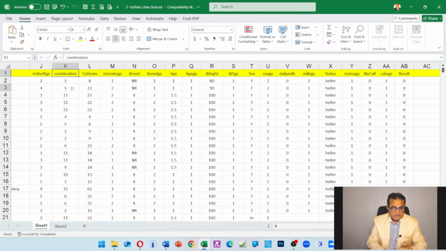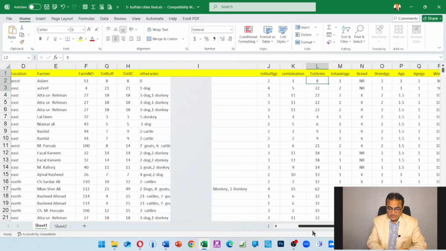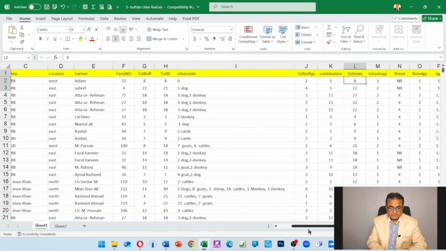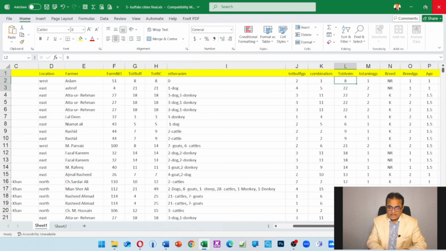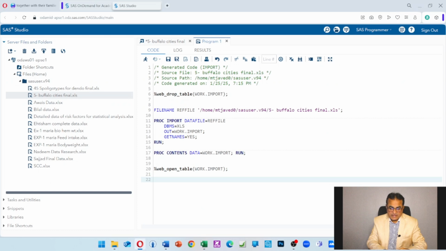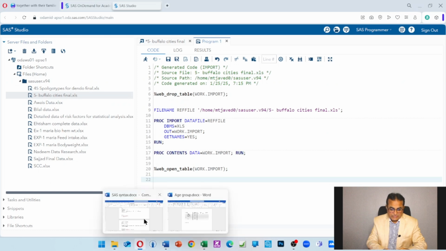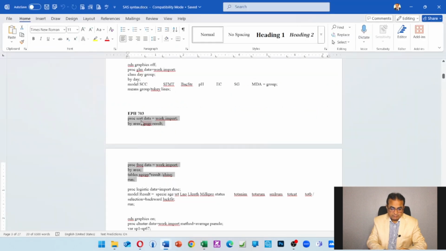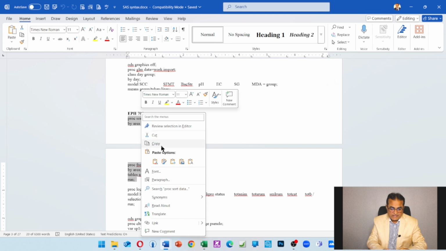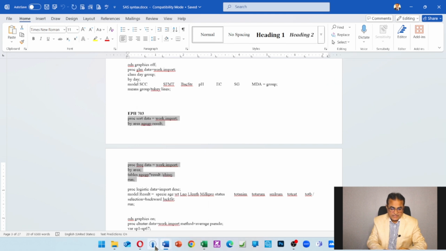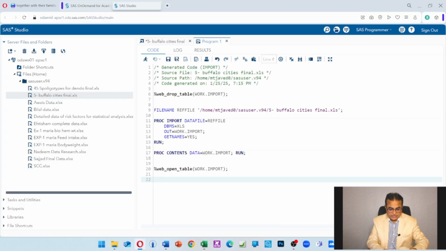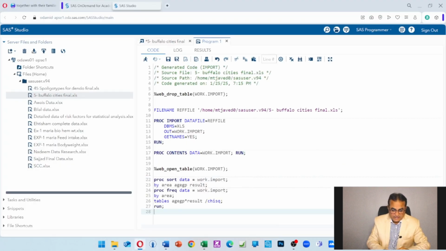But here, now the software picks even more than 8, but generally we don't write more than 8 alphabets for each variable name. Anyway, so here is that data, and we will be using it. Now, I have already done this analysis, so the syntax is saved. I'll be putting this syntax into the SAS online system, and let us discuss it.